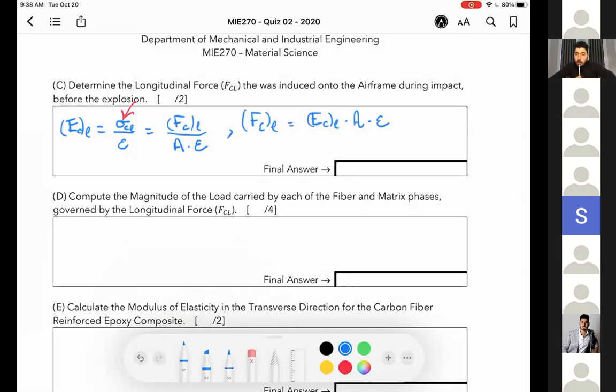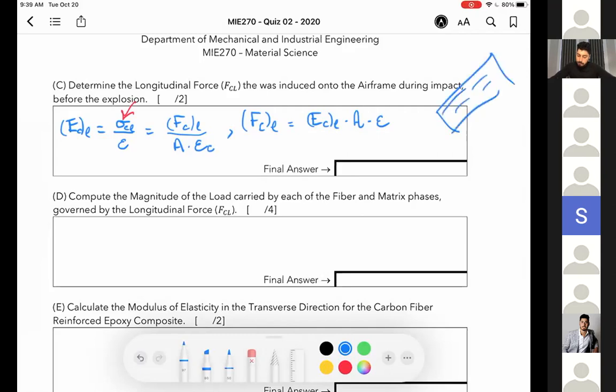Now, what strain is this? What strain value are we going to take? Strain of the composite. Okay, what else? So that is correct. This is strain C. But what do we know about longitudinal loading?